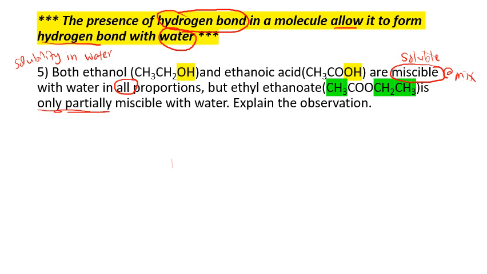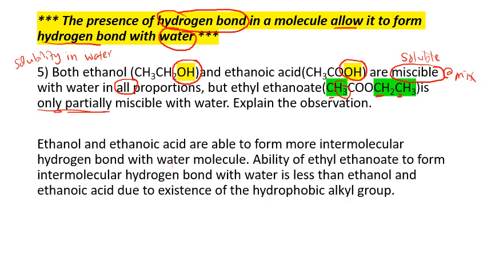So when we look at the highlighted part here, the hydrogen is bonded directly to the oxygen. The same case happens to ethanoic acid. But for ethyl ethanoate, all the hydrogens are bonded to carbon. So that's why they are only partially miscible with water, or sometimes maybe it can be said to be totally unmixable with water.